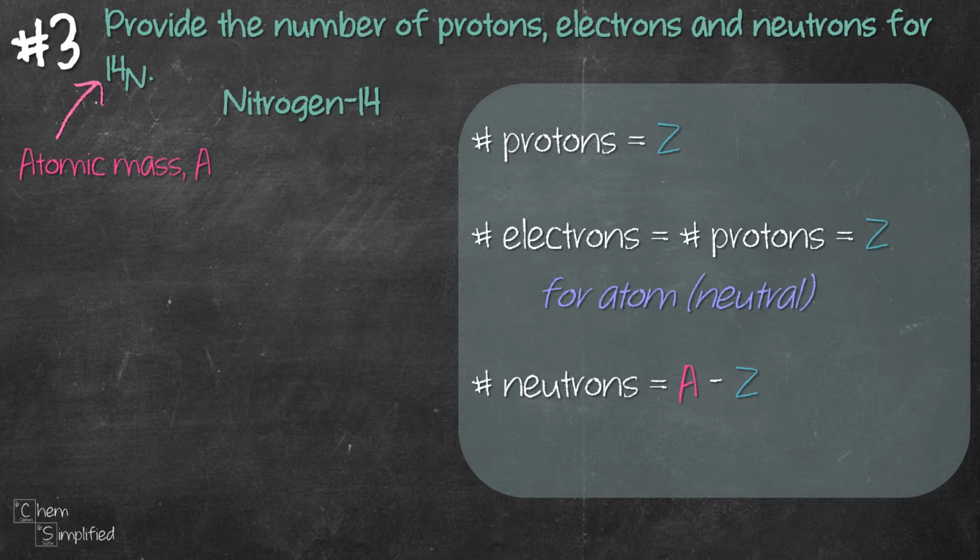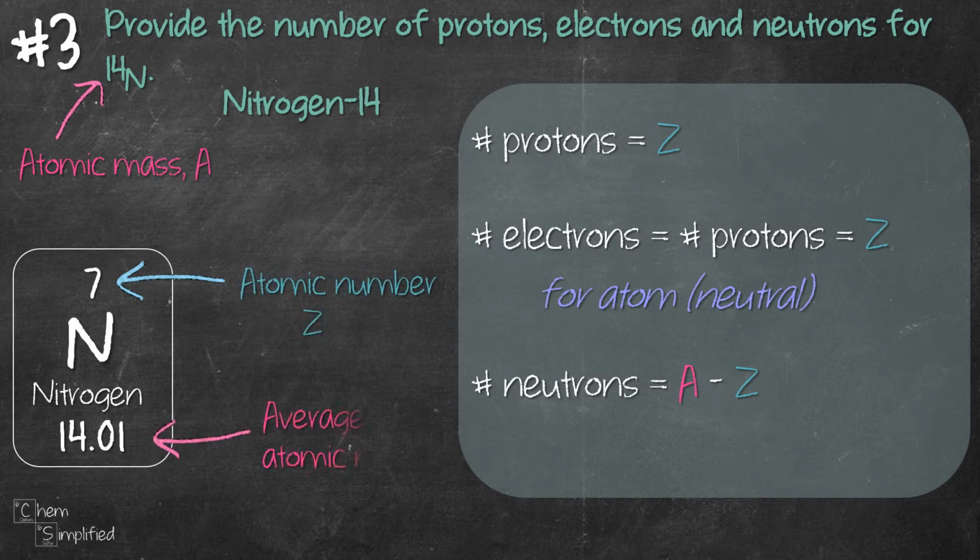So we pull out the information from the periodic table for nitrogen, and this is what we got. And it looks like isotope 14 is the most stable isotope since the average atomic mass is pretty close to the value of the isotope. So the number of protons and electrons is going to be 7, and the number of neutrons is going to be 14 minus 7, and that gives us 7.